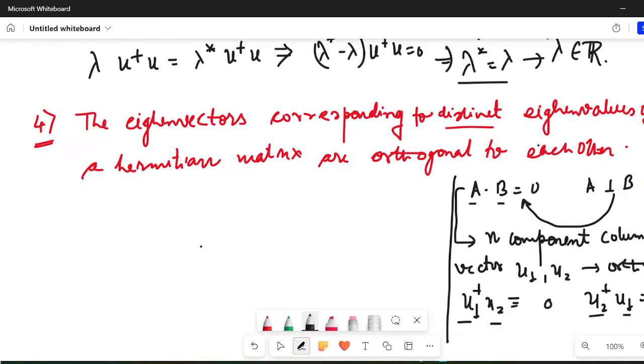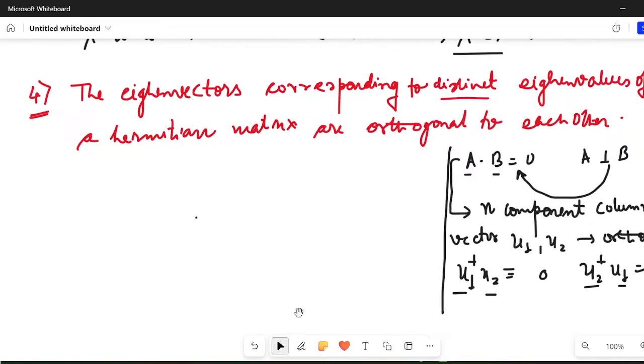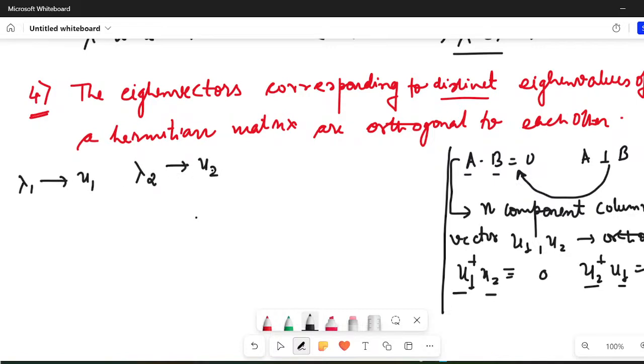Now let us think about this particular thing that I have stated. So if your eigenvectors correspond to distinct eigenvalues, let us say that lambda 1 is one of the eigenvalues whose eigenvector is u1, and lambda 2 is another eigenvalue whose eigenvector is u2.